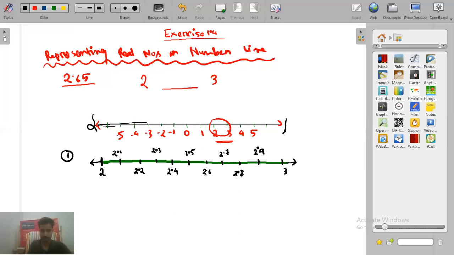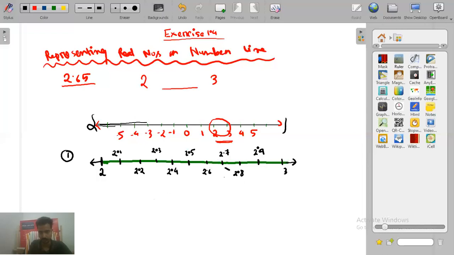Okay, so you have to draw like this. Again you have to draw 2.6 and 2.7 into 10 equal parts. Let me draw clearly. So suppose this 2.65 will lie between 2.6 and 2.7.